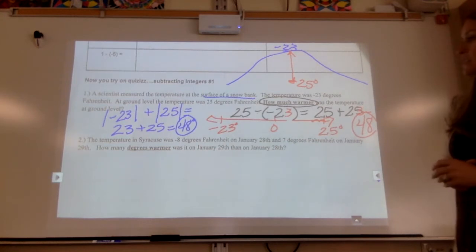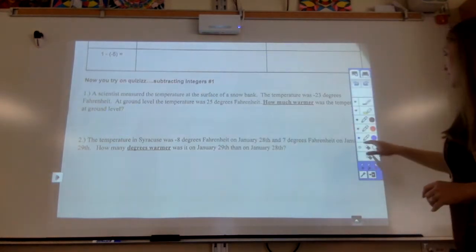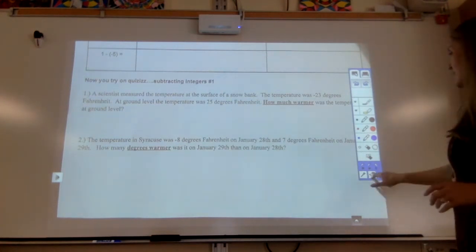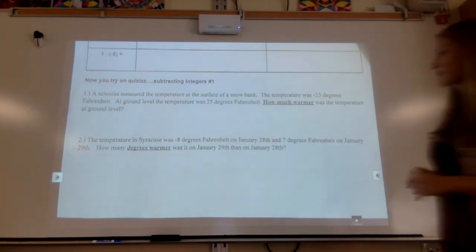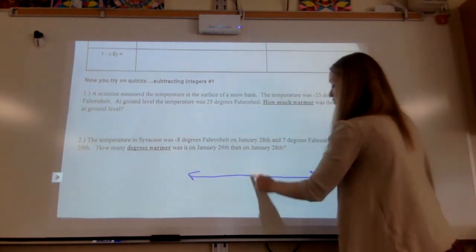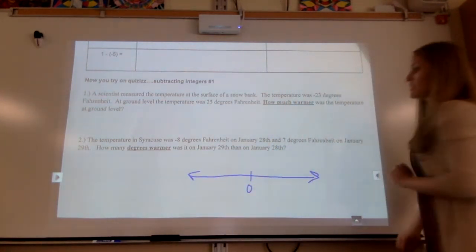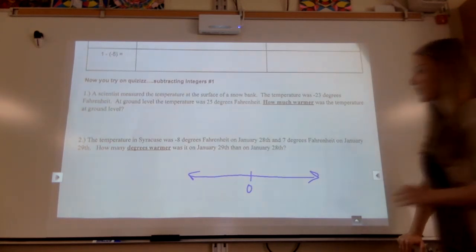Number 2, the temperature in Syracuse was negative 8 degrees Fahrenheit on January 28th and 7 degrees Fahrenheit on January 29th. How many degrees warmer was it on the 29th than the 28th? So again, I'm going to use a number line to kind of help me, and as I reread it, I'm going to label it. So this says the temperature in Syracuse was negative 8 degrees Fahrenheit on the 28th.